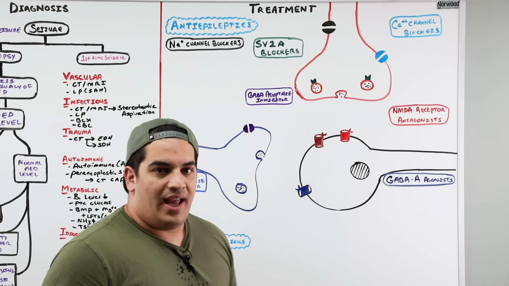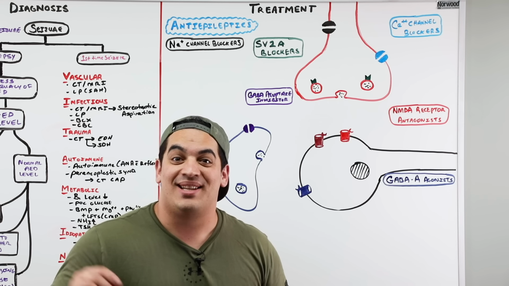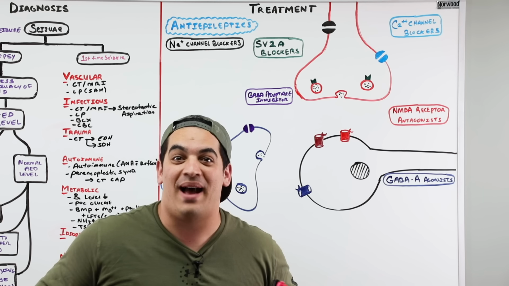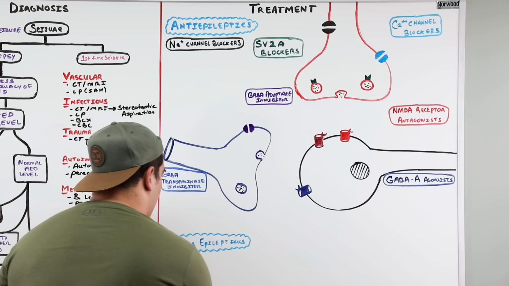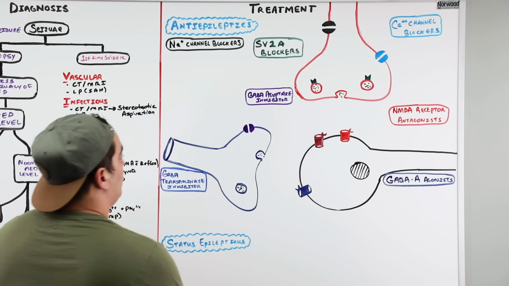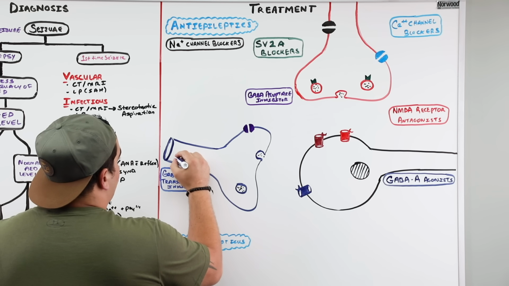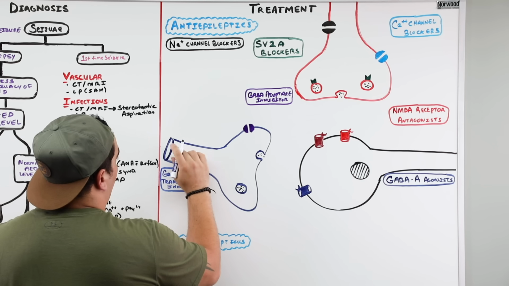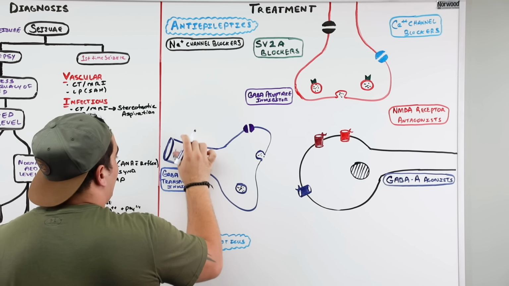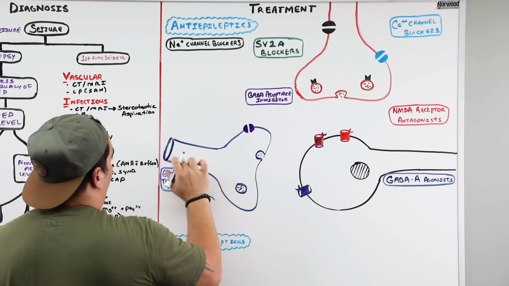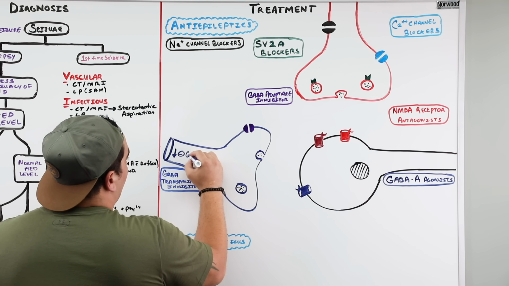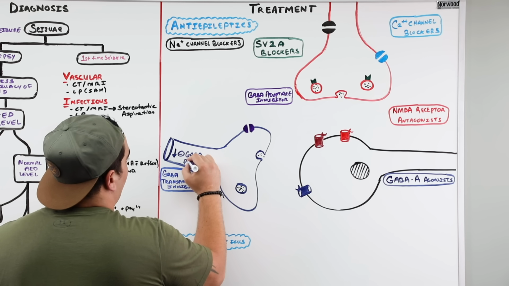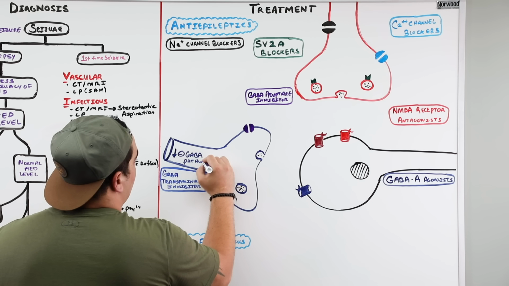Before we talk about all these dang anti-epileptics, we need to have a basic remembrance and understanding of the pathophys for seizures, right? What was the basic concept behind seizures? There were two things. There was a decrease in the inhibitory GABA pathway, right? That was one cause.